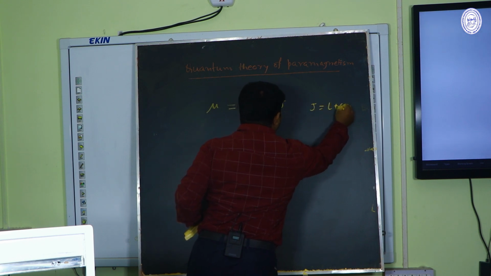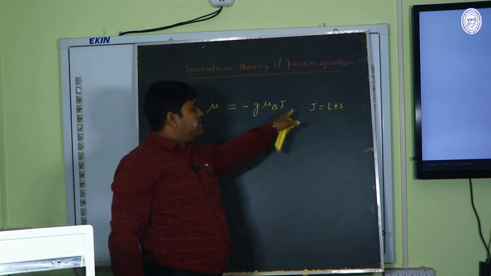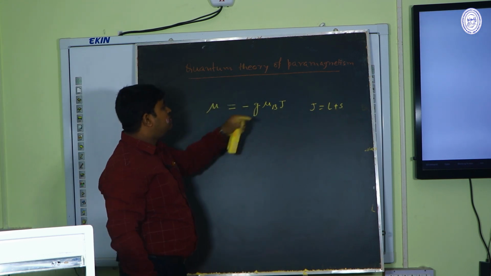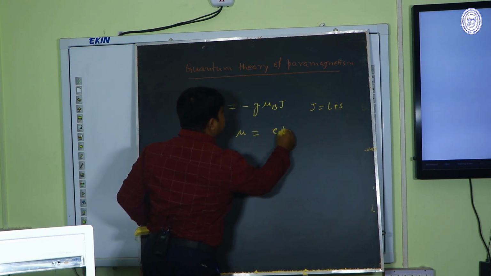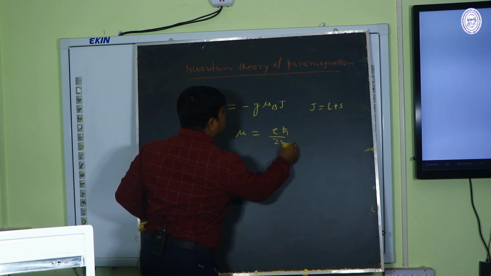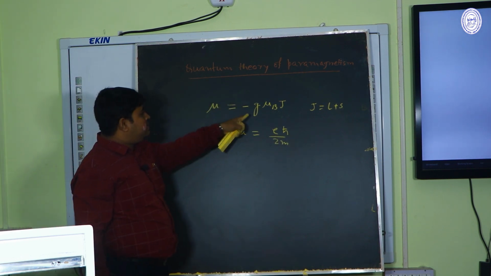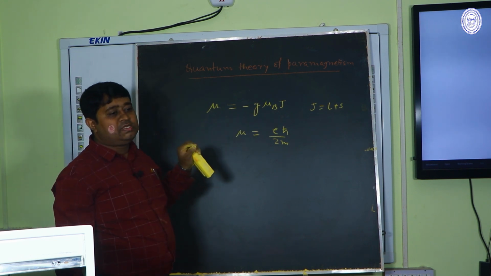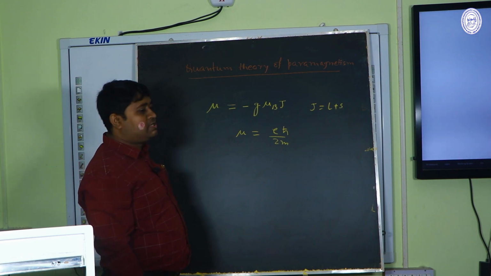L plus S, where L is the orbital angular momentum, S is the spin angular momentum, and mu B is equal to e h cut by 2m, called the Bohr magneton. And g is called the spectroscopic splitting factor or sometimes the Landé g factor.